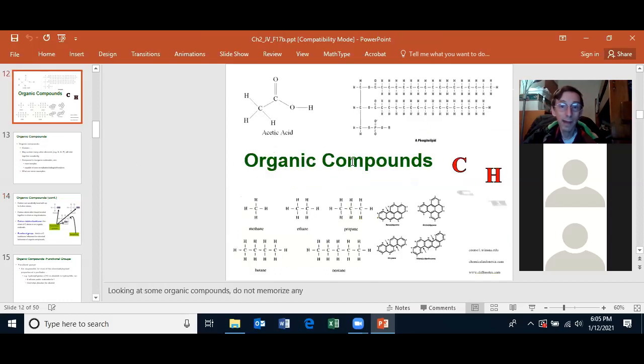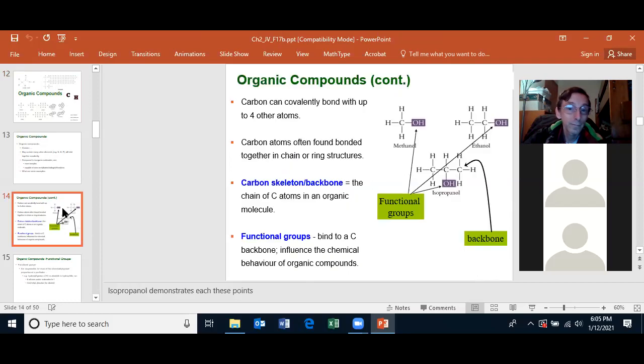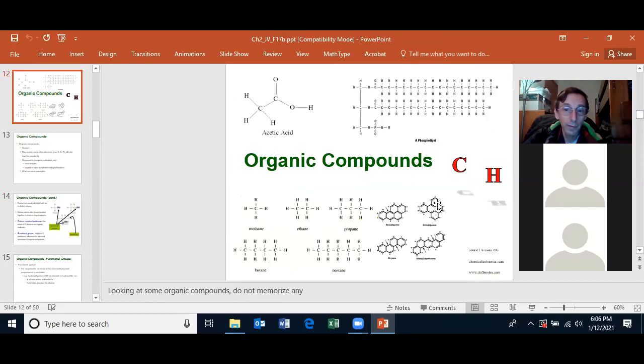Now when we come back to this molecule here, it is true that the carbons are most of the backbone, but the oxygen does hold it together right there. So the oxygen is part of the backbone also. This is a chain structure, and I think I mentioned this is the ring structure.